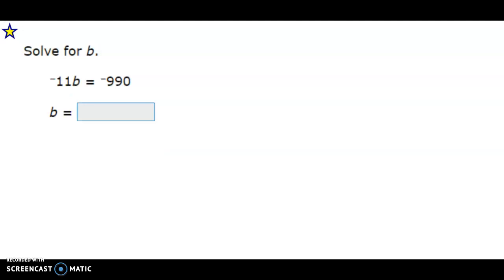So this problem right here, I'm not even going to ask you to solve it at first. First, I just want you to set it up. Negative 11b equals negative 990. And I want you, after you combine, split, and isolate, to tell me right now, what would you do to both sides to isolate b?